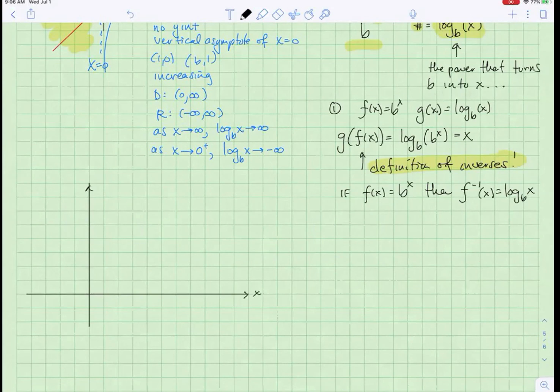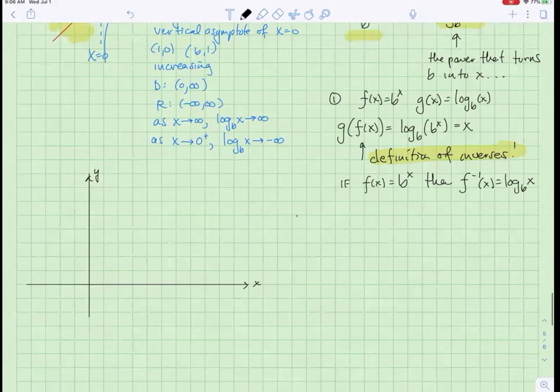If this is x, and this is y, and we want to talk about f of x equal to log base b of x for b less than 1, but still greater than 0, what we get is a very similar curve. So let's start off again with the exponential curve. This is the inverse of b to the x, where b is less than 1.